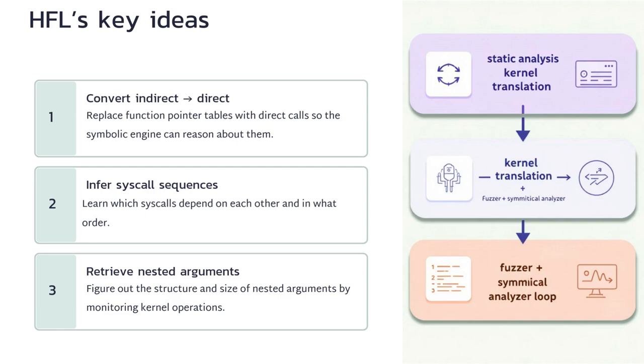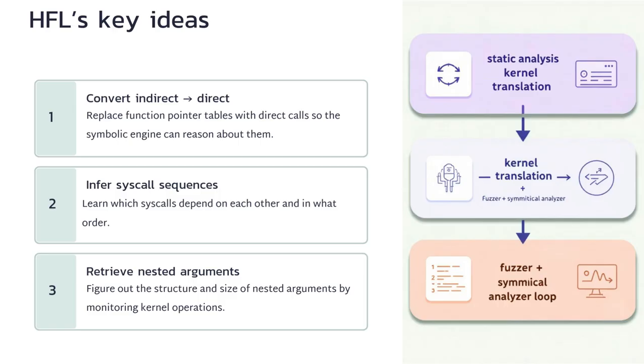The next thing is the system call sequence. HFL uses static points-to analysis to find some of the candidate read or write pairs between system calls. Then during symbolic execution, it checks whether those dependencies actually occur at runtime.